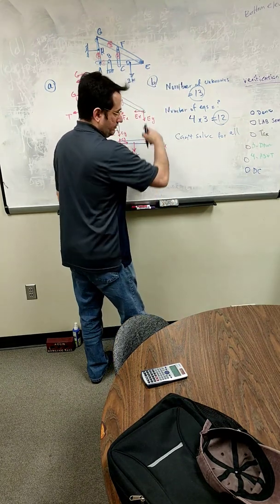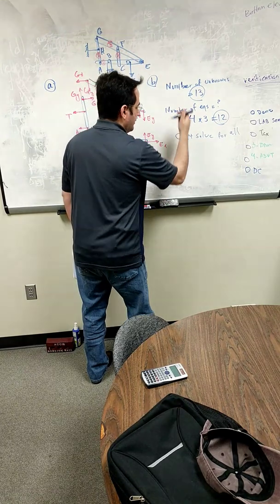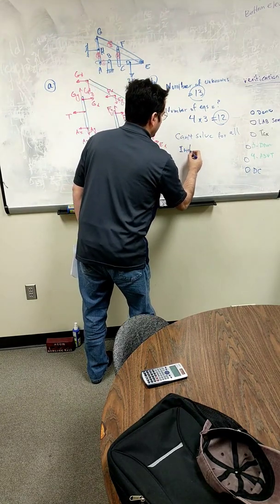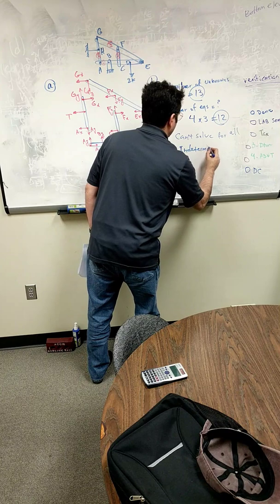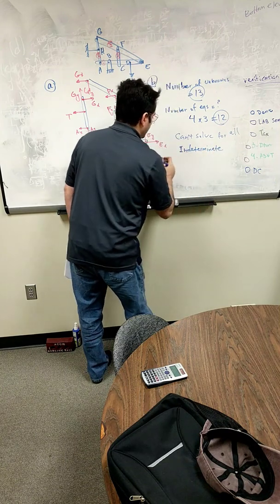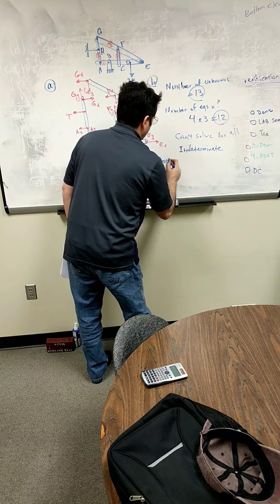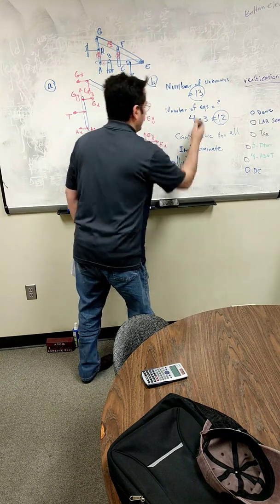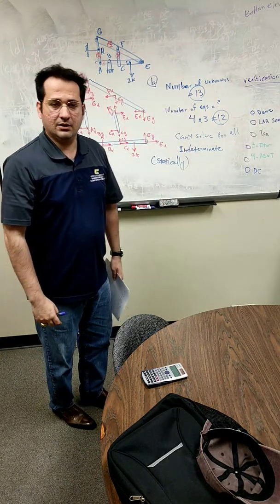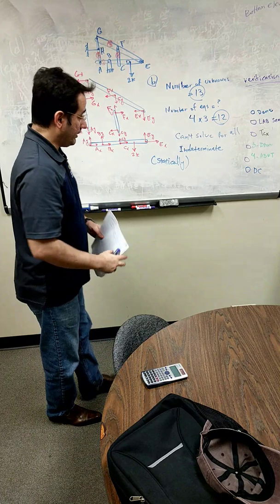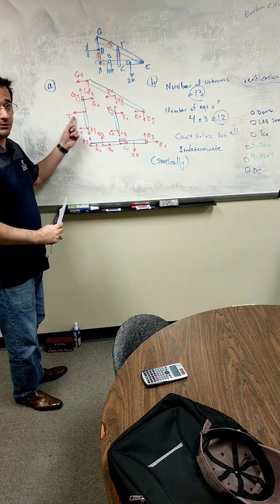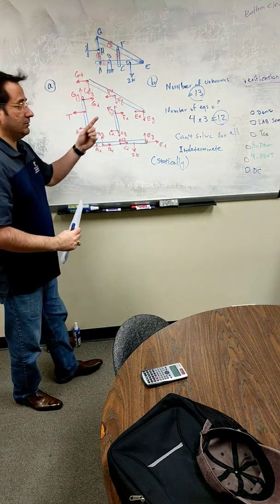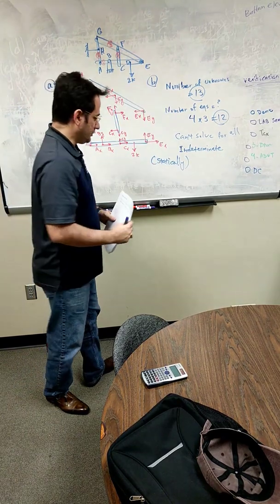And as I said in the class, this problem is indeterminate, or they call it statically indeterminate. That means using the equations of vector statics, we cannot solve all of them. However, we should be able to solve 1 or 2 or 3 or some of them, right?